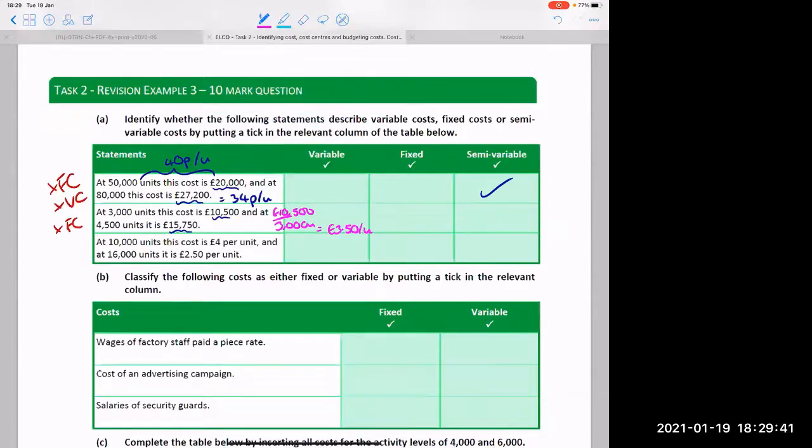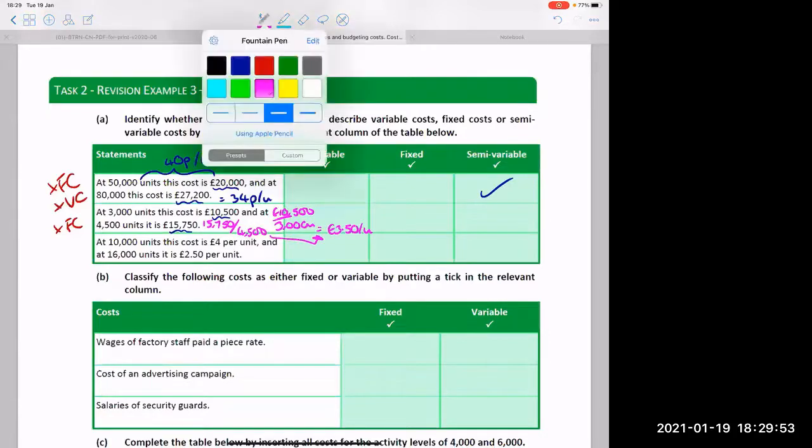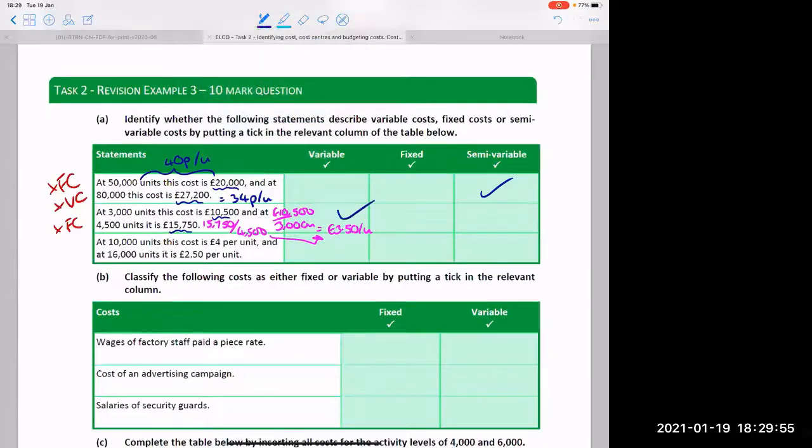Do the same on the next set of data, 15,750 divided by 4,500 units gives us £3.50 again. So we know we've got a variable cost because total cost has moved, but cost per unit is staying constant at £3.50.